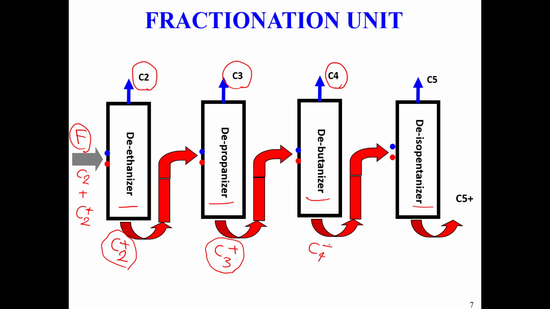And in the last one, we have the De-isopentanizer, where we separate isopentane from anything heavier than isopentane. So we have mainly these four distillation columns.